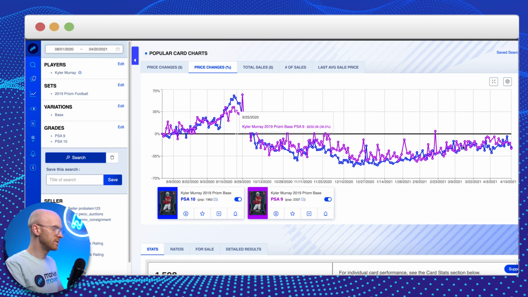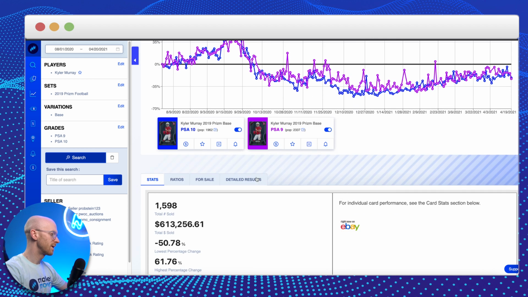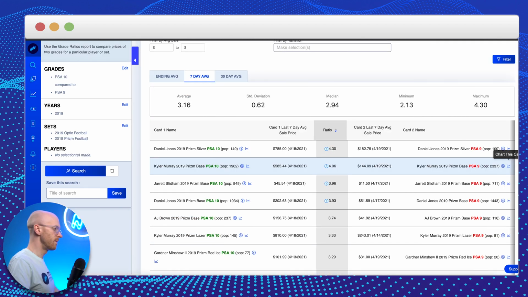PSA 10 around $1,000. Now both of these cards are around $533 and $130. I'm going to come down here and check the stats and just say $130. Yeah, that seems like I'm a buy, especially when the grade ratio is somewhat advantageous for the 9s if I can get it for that price point.